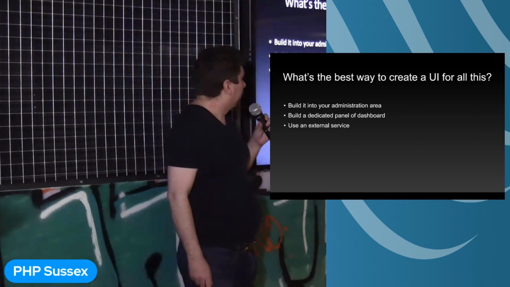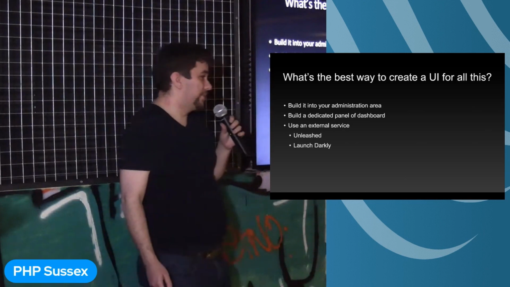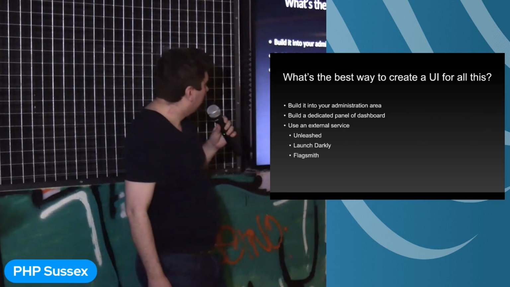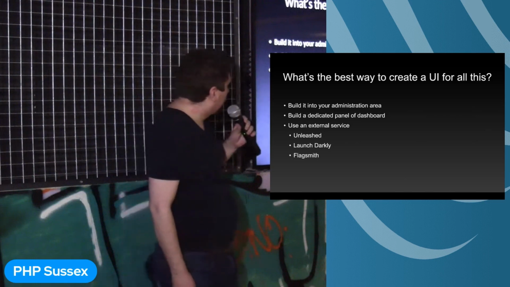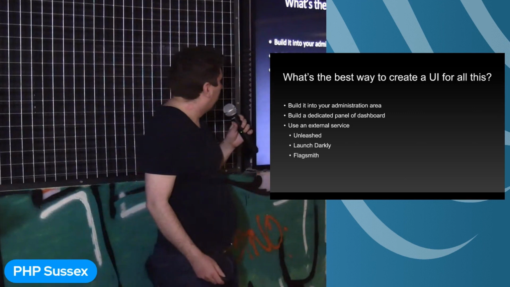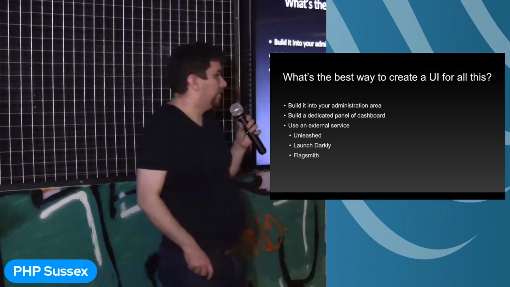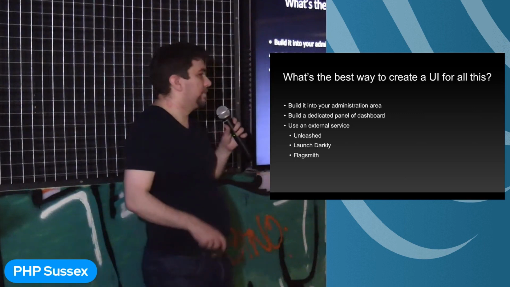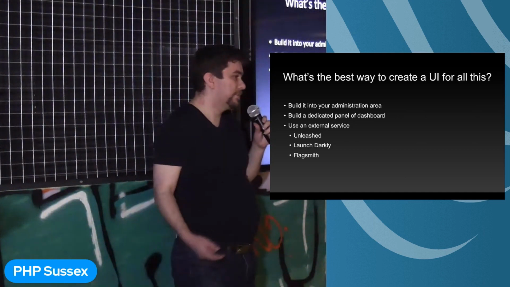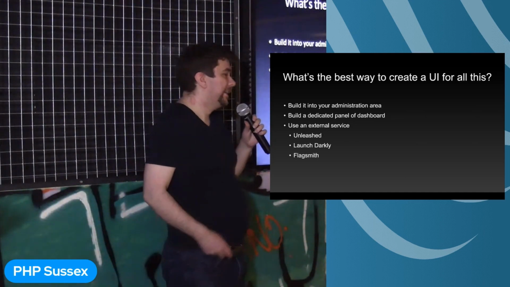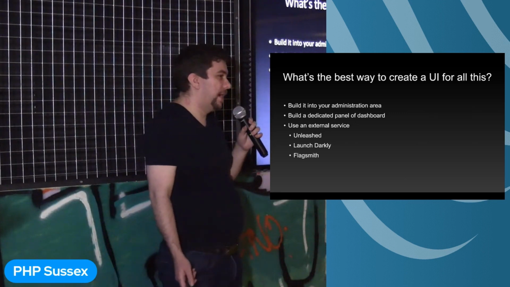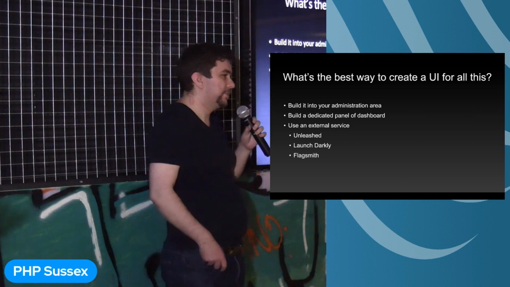The other option is that there are these external services you could use. I have played around with Unleash a little, but I couldn't really say much about LaunchDarkly and Flagsmith. I know Unleash and Flagsmith are cloud options that are open source, so you could set up a server that runs their software, but especially with an example like Unleash, you end up having to have a database that's Postgres.